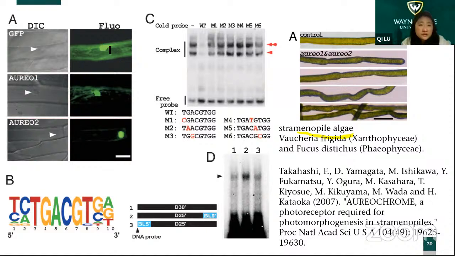It has autofluorescence. When shining with fluorescent light, some parts will show fluorescent stimulation, so it shows the position of this phototropin, or called phototropin chromophore.